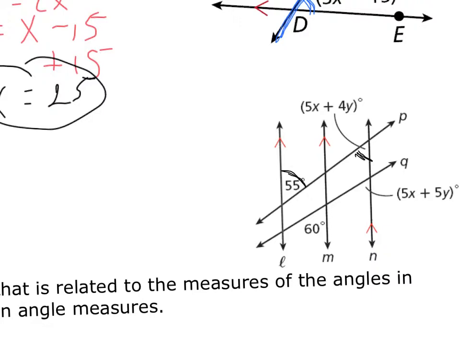Well, when you look at 5x plus 4y and 55 degrees, you can see that they're alternate interior angles. And if this is the transversal, you can see that they're alternate interior, so they're going to be equal. So we got 5x plus 4y equaling 55.